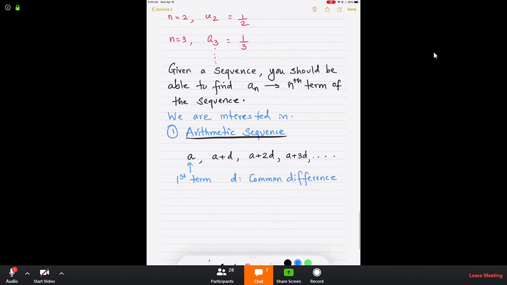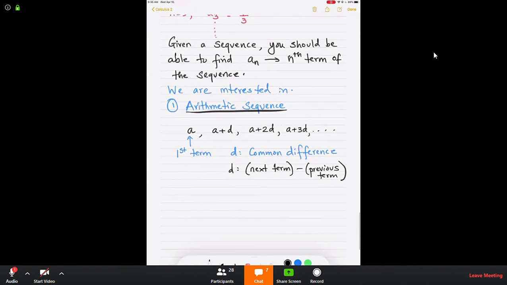So what do I mean by common difference? d is the difference if you take the next term minus the previous term. So this is your first term, this is the second term. Maybe we want to call them B1, B2, B3, B4.